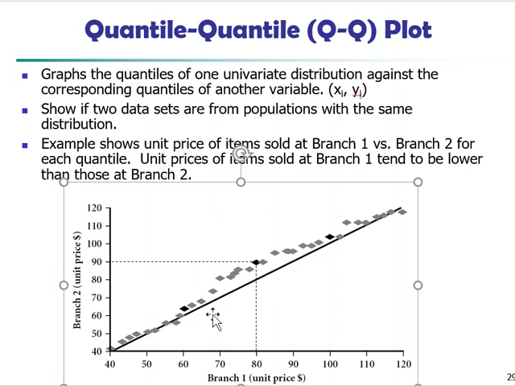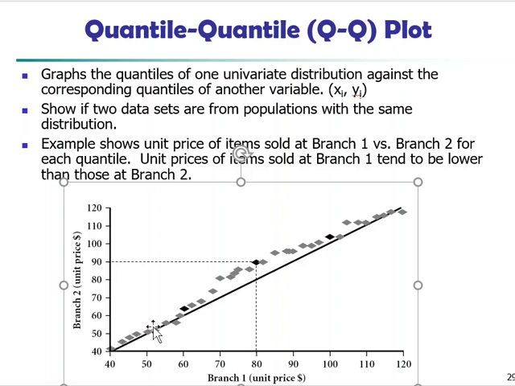So we might have the price from branch 2, and we could actually generate a set of values from a normal distribution. Then we can sort those two data sets and pair the values up and plot a similar plot, which will be able to tell us whether branch 2 unit price follows a normal distribution.